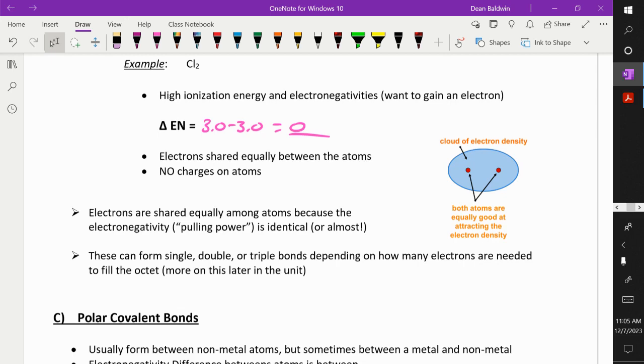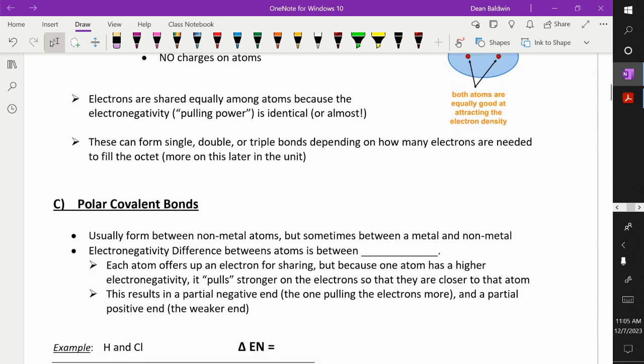Okay. The more interesting stuff is the polar stuff, in my opinion, which is the unequal sharing of electrons. Okay. So this is when the electronegativity difference is 0.2 to 1.7.